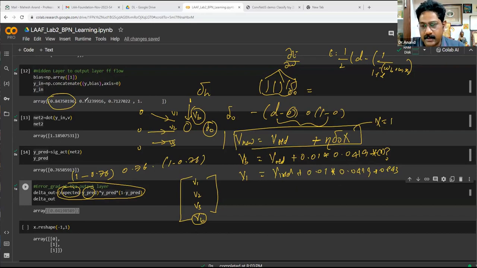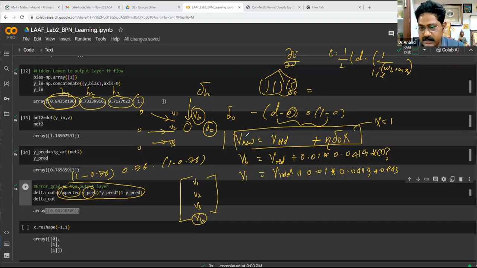That is the hidden layer output from the first neuron, H1. In the PPT, I kept this as H1, H2, H3. However, in the PPT I used only 2 hidden neurons, but here there are 3 hidden neurons, H1, H2, H3. So this is the input to the bias. For V2, I should use this as the input. For V3, I should use it. For all of these, your error delta is common.